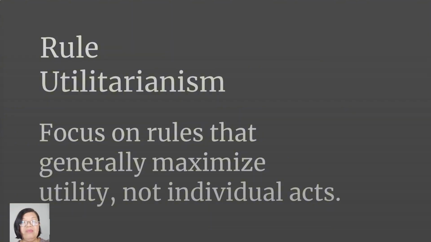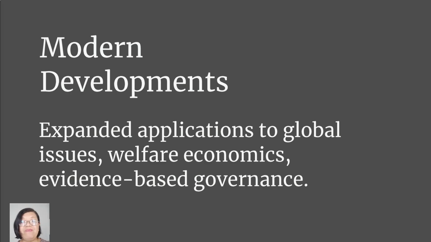In the modern developments in the 20th century, philosophers like Peter Singer expanded utilitarianism globally, applying it to poverty, animal rights, and global justice.